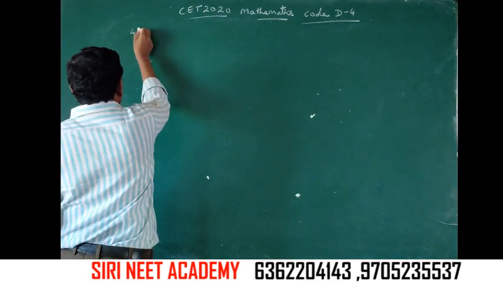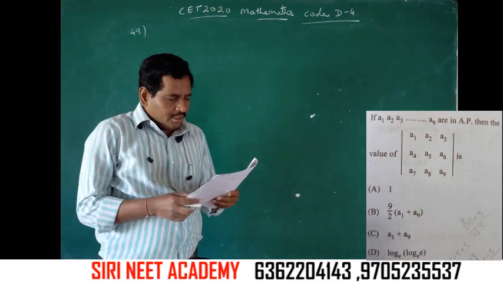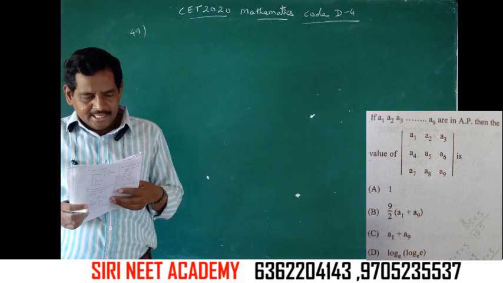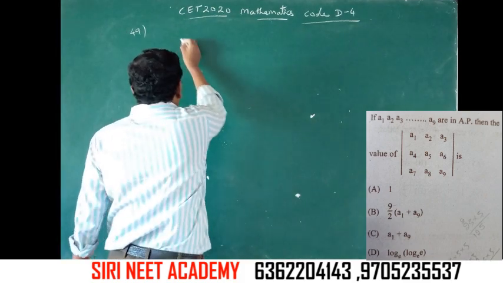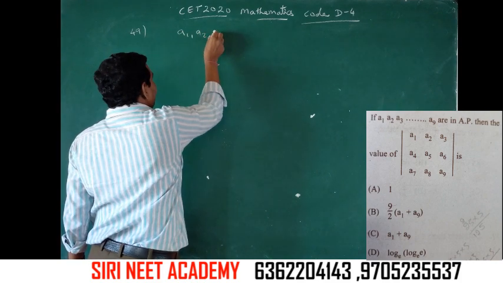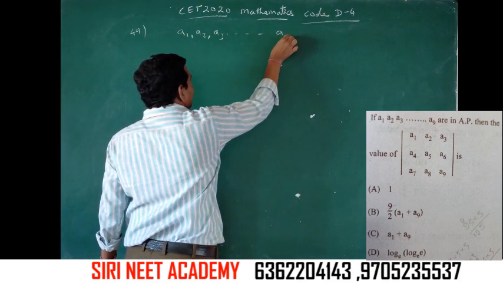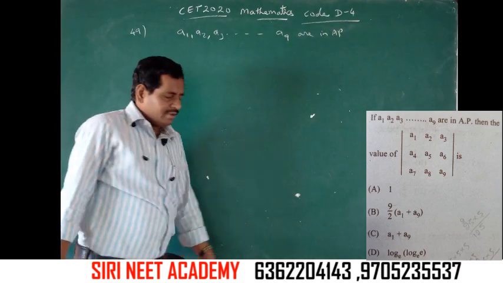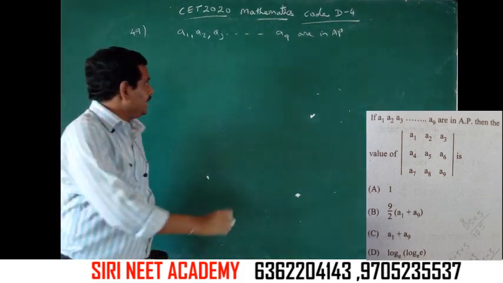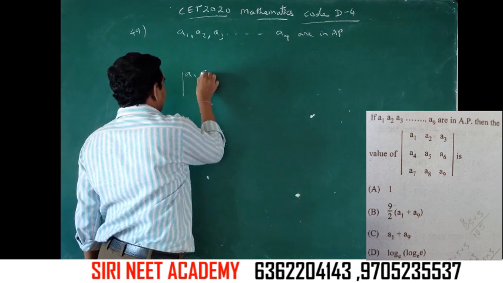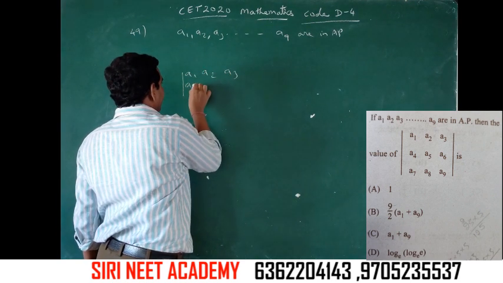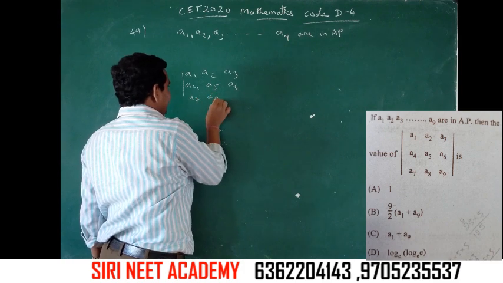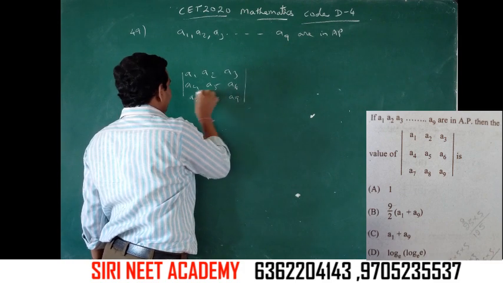49. A1, A2, A3 and so on, A9 are in AP. Then the value of the determinant of A1, A2, A3, A4, A5, A6, A7, A8, A9.